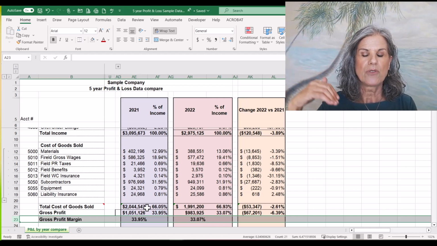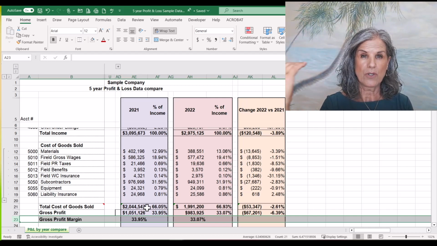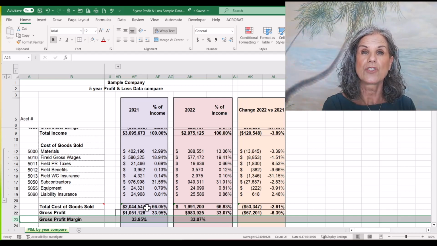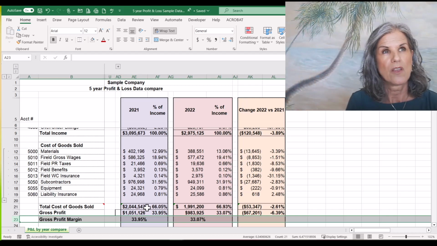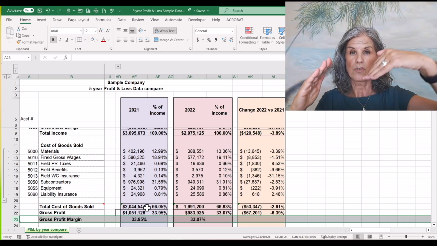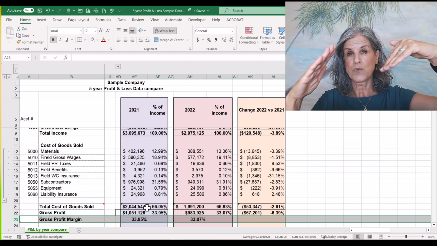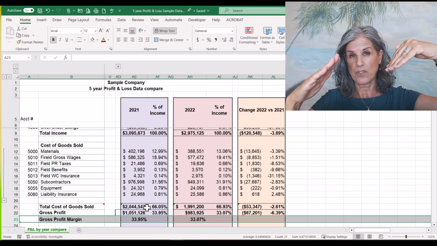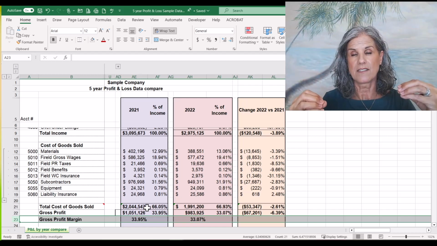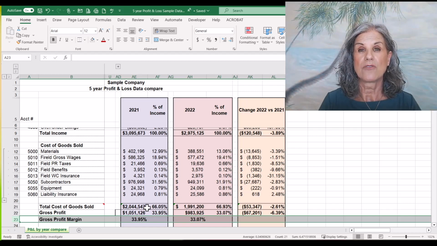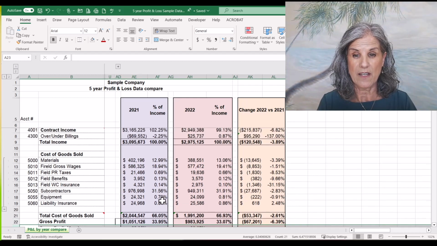So even if revenue goes up or revenue goes down, your gross profit margin or rate of return should stay consistent. Why is that? Well, your revenue goes up, your costs go up, right? The difference between those two numbers, that return that you get, should be consistent for your business and for your type of services that you provide.